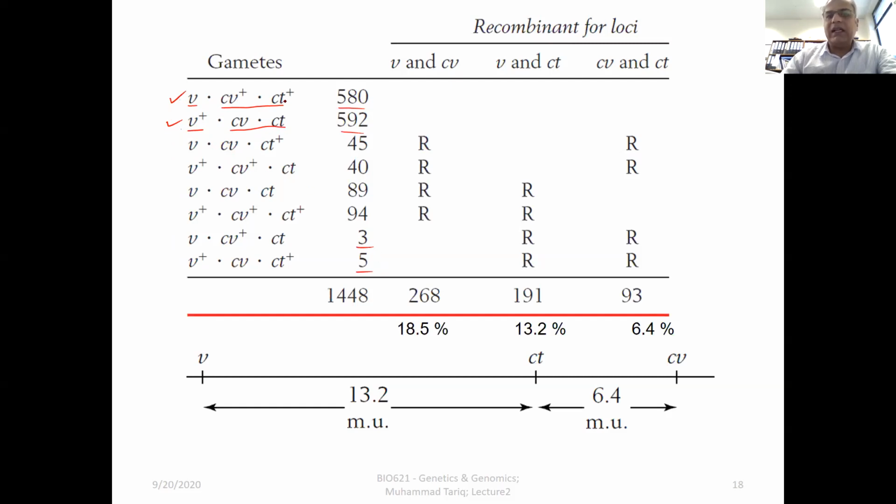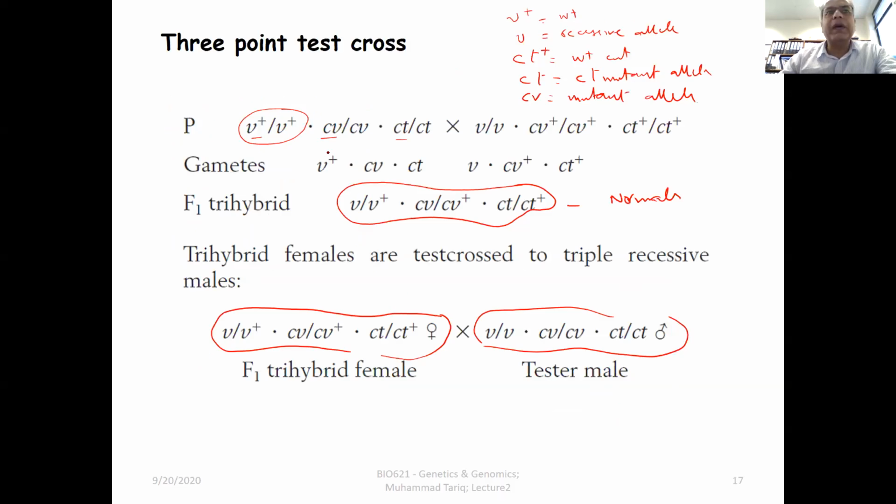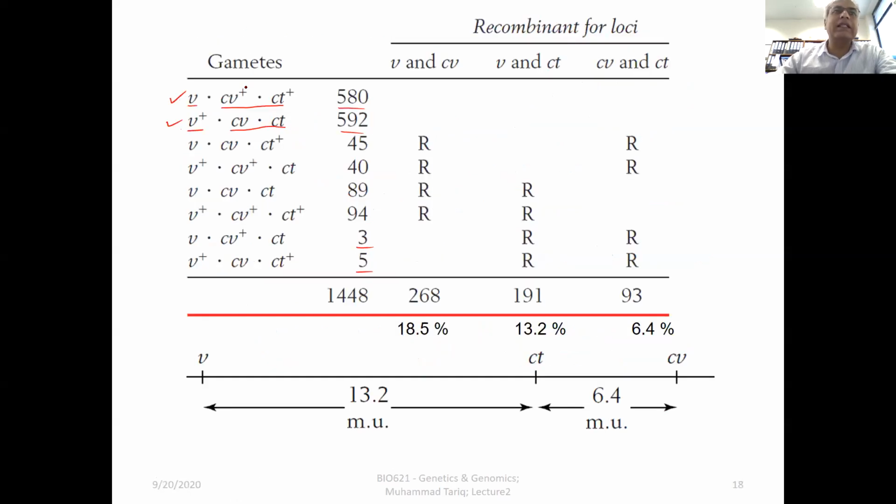If you pay attention to parentals, what were the parentals? Wild type, cross-veinless, cut. These are the parentals. Parent 1 and parent 2 were cross-veinless wild type and cut wild type. This is parent 1, cross-veinless and cut, and vermilion wild type.